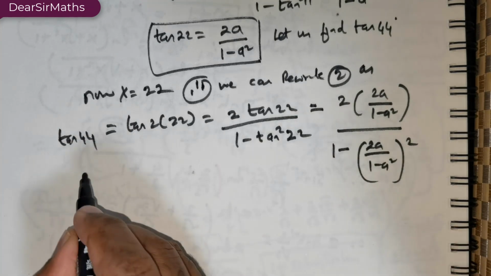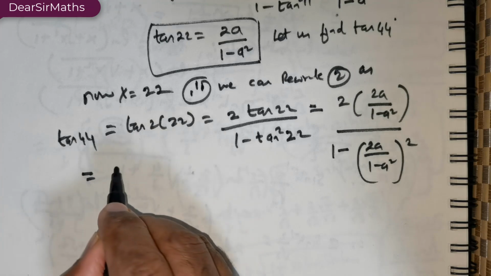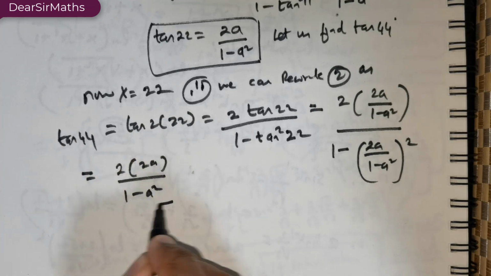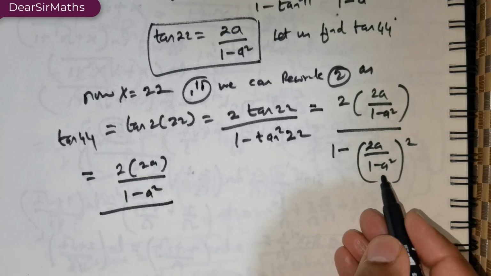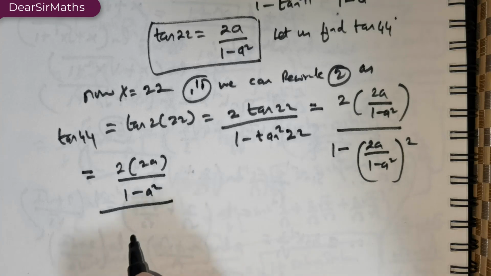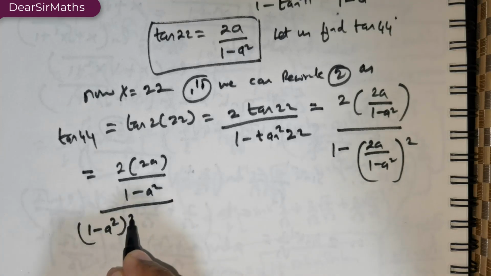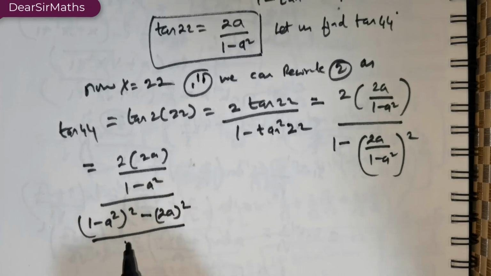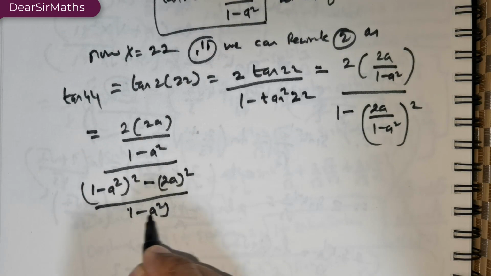Now I need to simplify this. If I were to resolve the denominator, this is going to be ((1 - A²)² - (2A)²) divided by (1 - A²)².